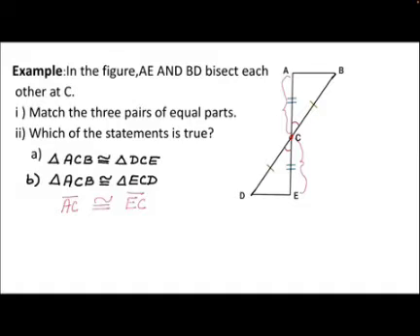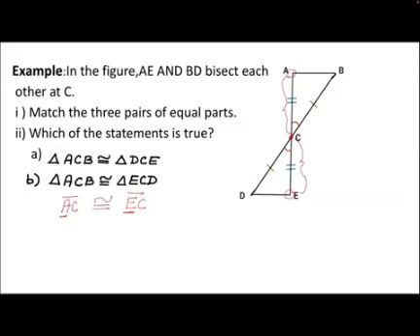Suppose you get confused, please again check the corresponding vertices. A and E correspond to each other. So A comes first, so E should come first. Though AC and CE are equal, corresponding parts are very important. So I am writing AC is congruent to EC. I hope that's clear to you.